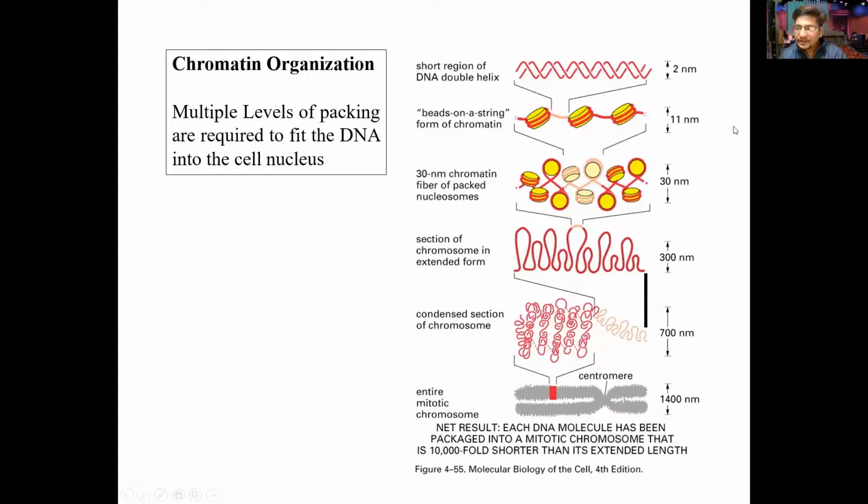Then they're organized in the form of a zigzag structure, which makes the 30 nanometer structure, and then they're converted to the loop domain, which requires non-histone proteins as a scaffold protein at the bottom, and then they're organized into the 1400 nanometer, a proper chromosome, one of its arms.